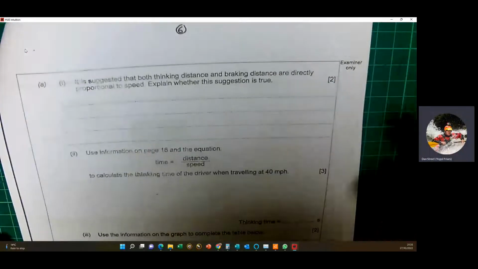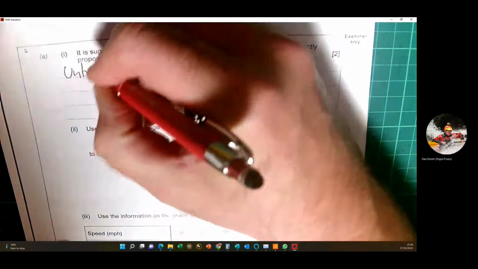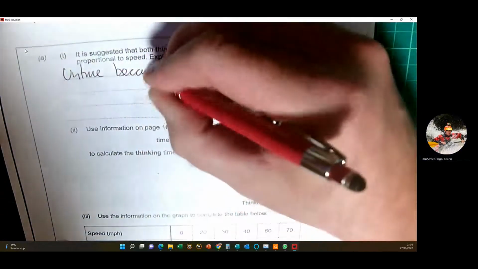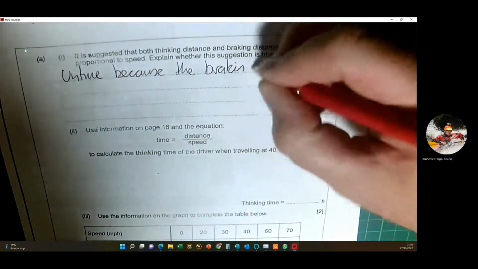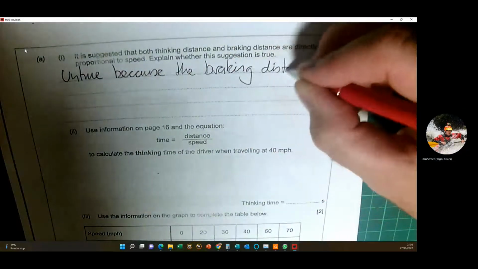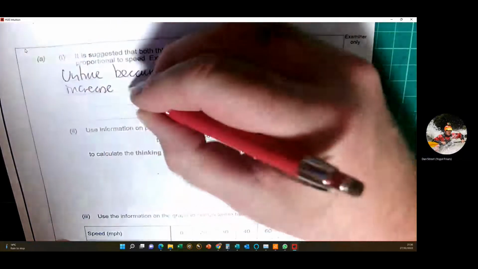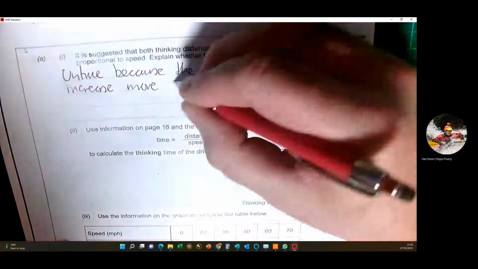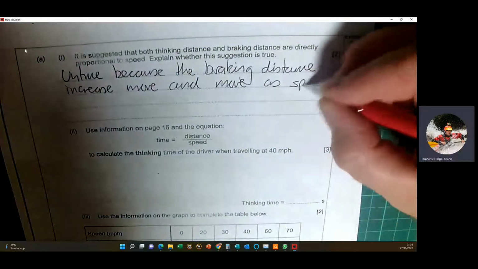So, first question says, it is suggested that both thinking distance and braking distance are directly proportional to speed. Explain whether this suggestion is true. So it is untrue because the braking distance increases more and more as speed increases.